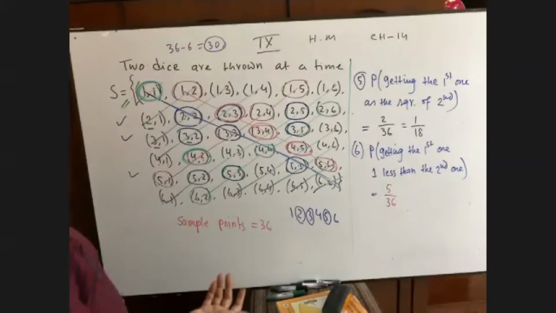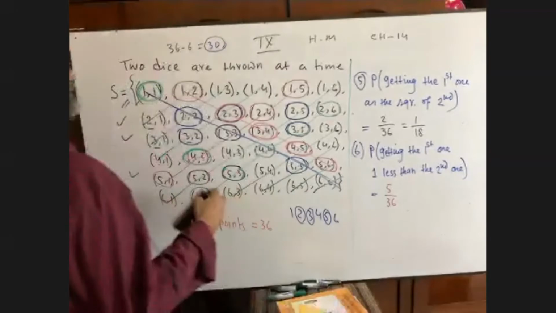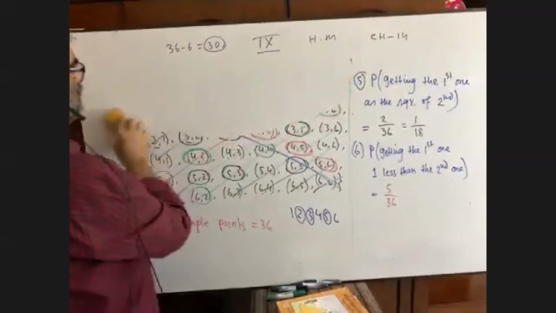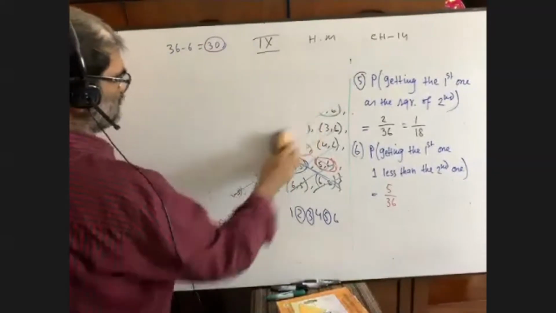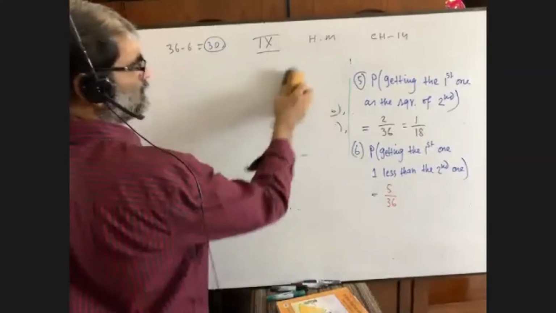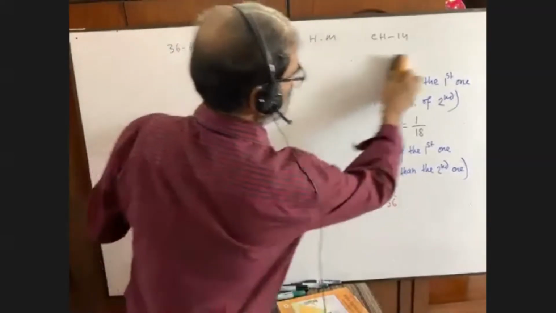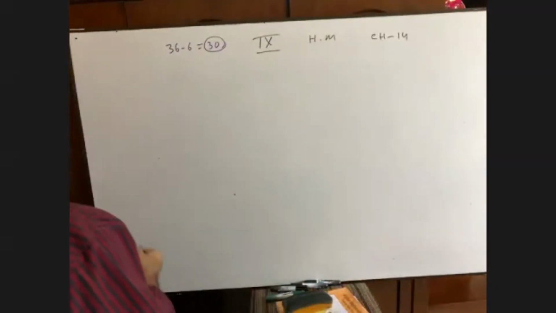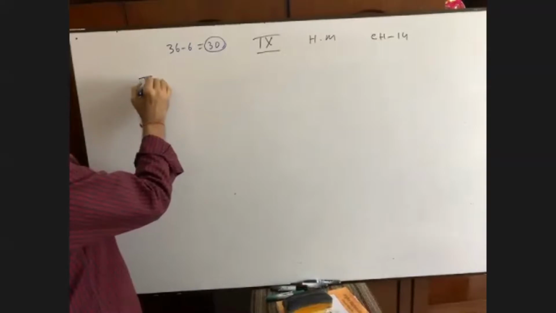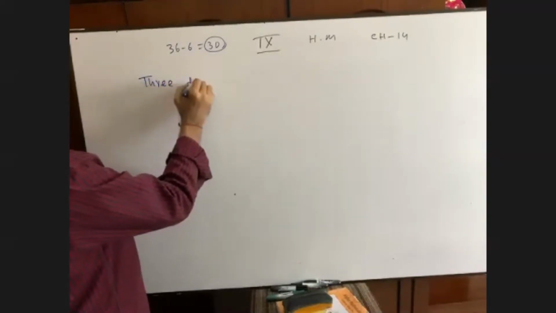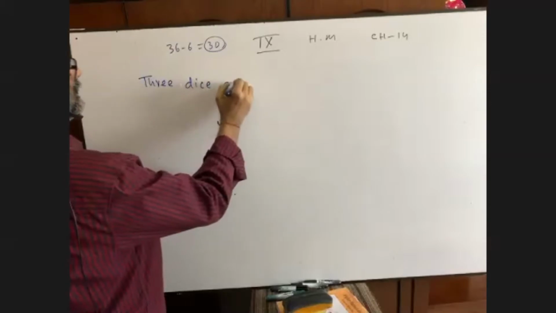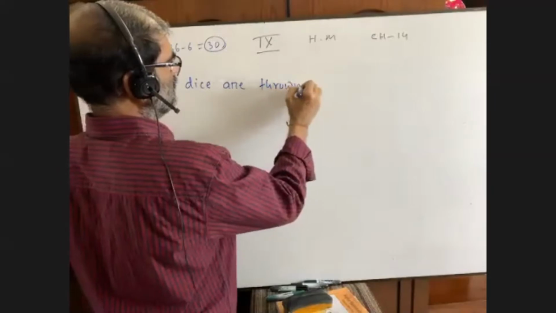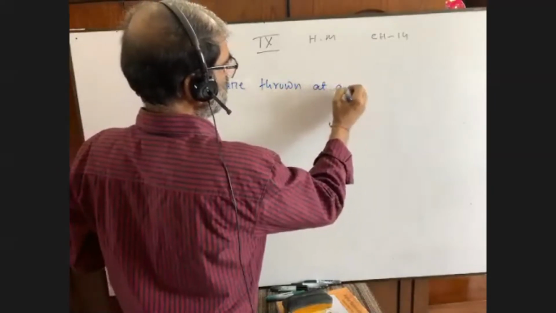So we have done the math when 2 dice are thrown at a time. Now, three dice are thrown at a time.